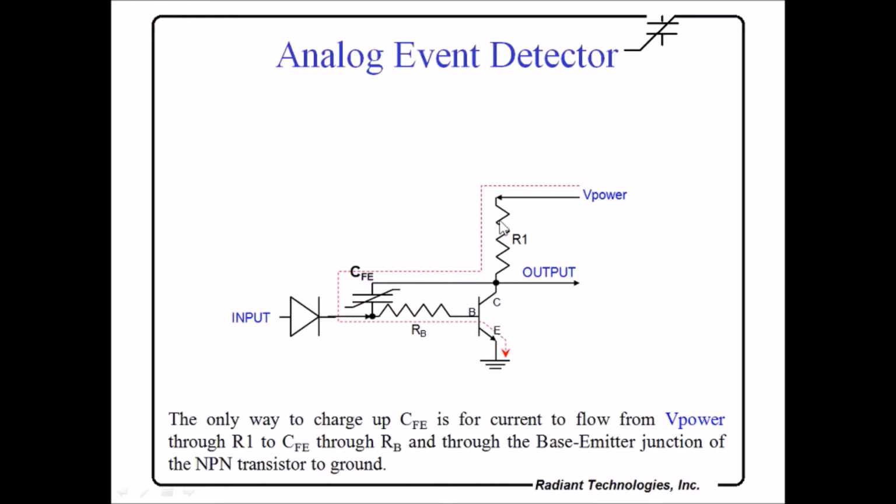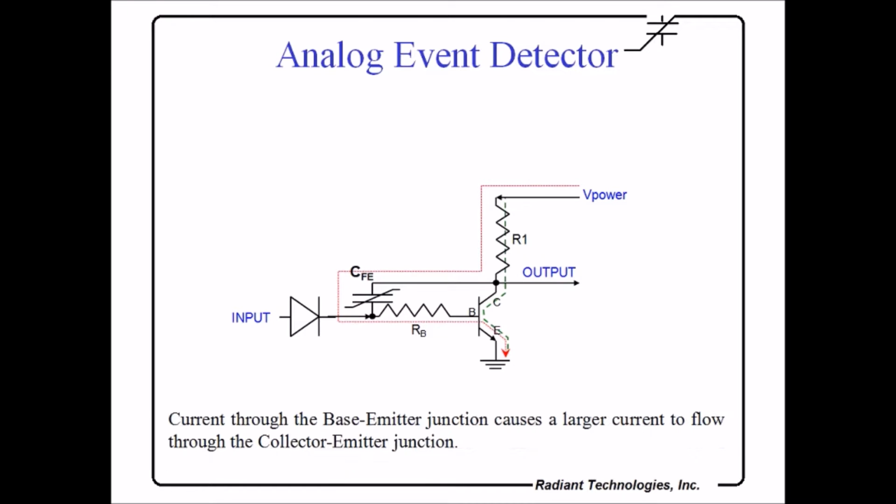Voltage here, charge flowing through resistor, through the ferroelectric capacitor, through the base emitter circuit of the NPN transistor. That base emitter current forces a higher level current through the collector emitter path.